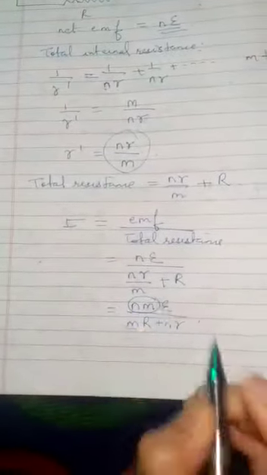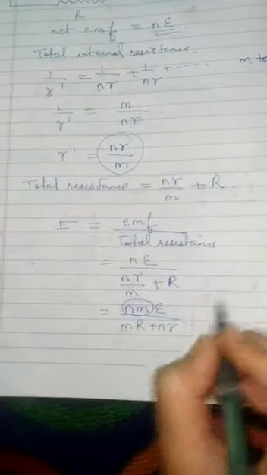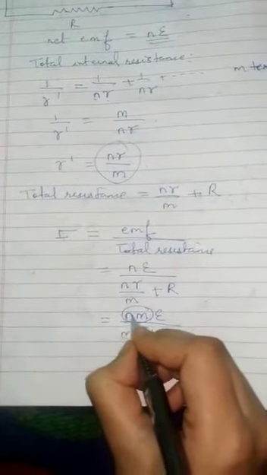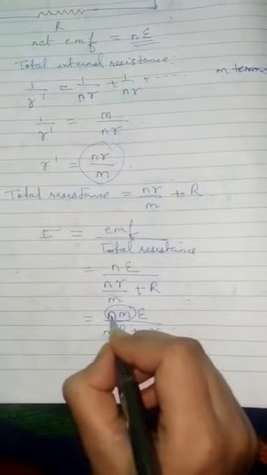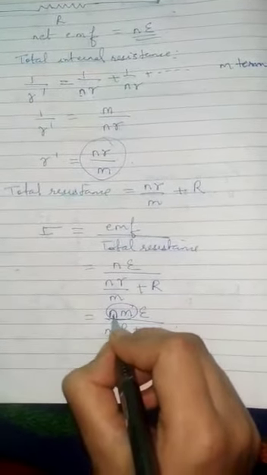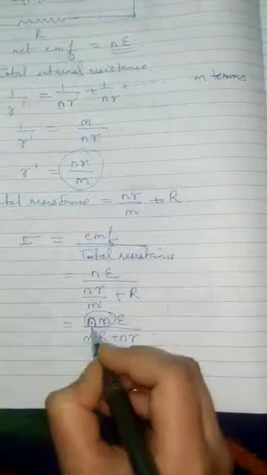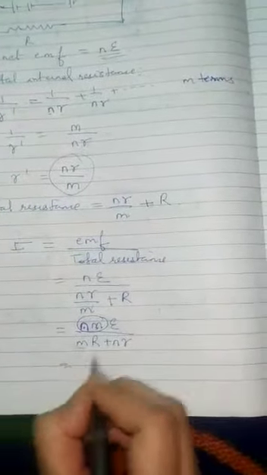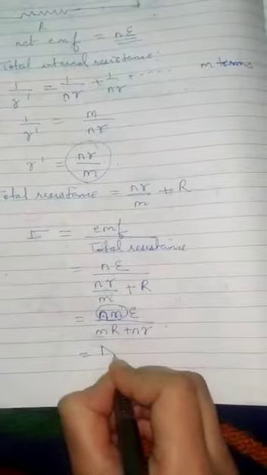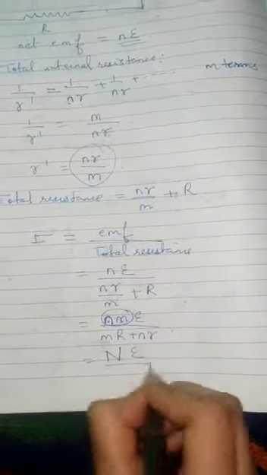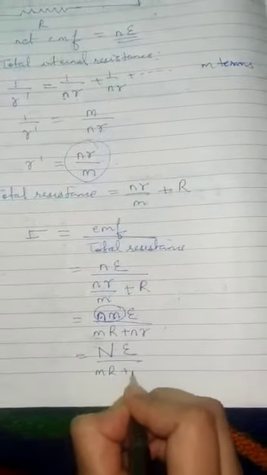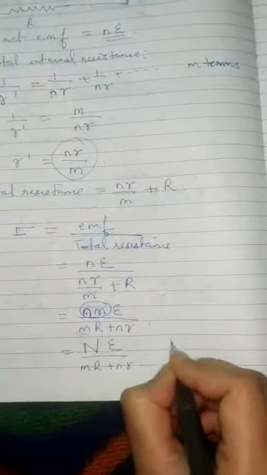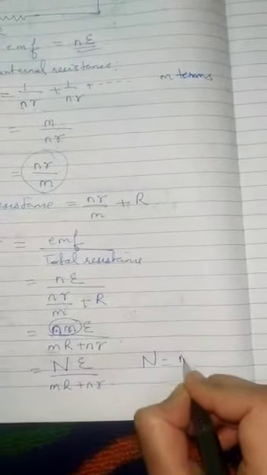Now this NM is the multiplication of the number of cells in rows and columns. We have got N cells in each row and M columns as such. So we can write this as a new term N, which will be the total number of cells, that is M into N.